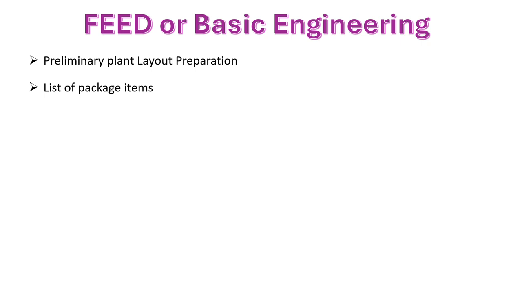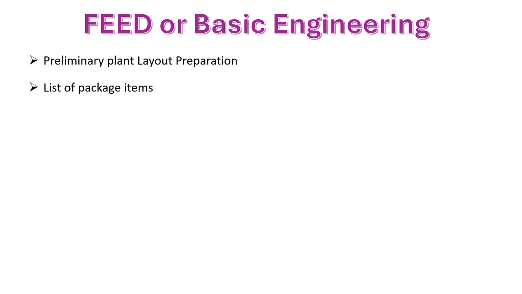That is part of plant layout preparation. Also, we have to prepare the package item list in the basic engineering, whether we are going with package items. Mostly they are utility sections like boiler, chiller, air compressor, or water treatment plant, then multi-effect evaporator plants, or it may be a packing machine, charging machine, or ANF, which is also called a package item.